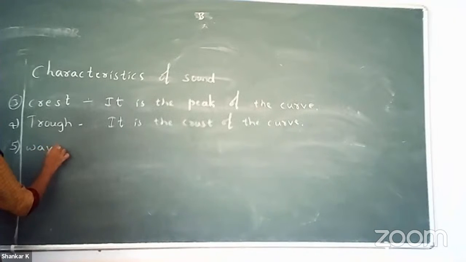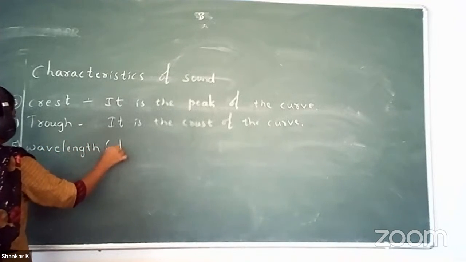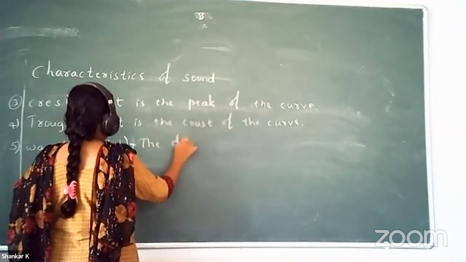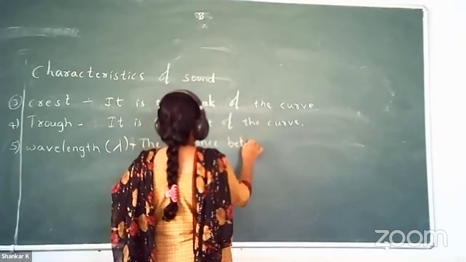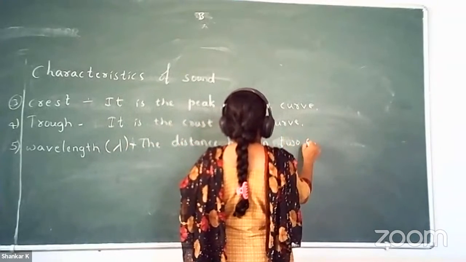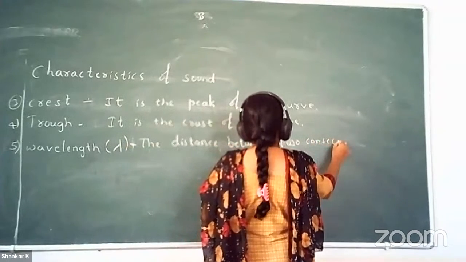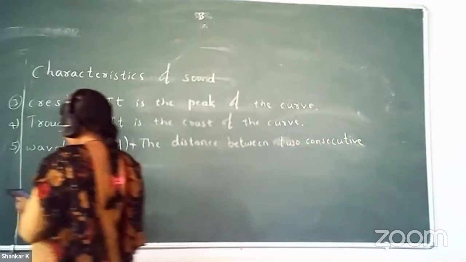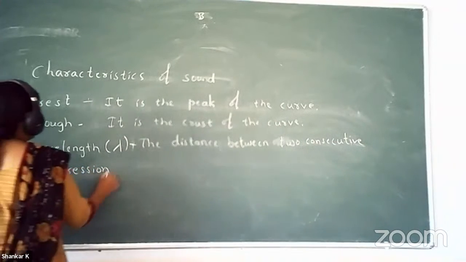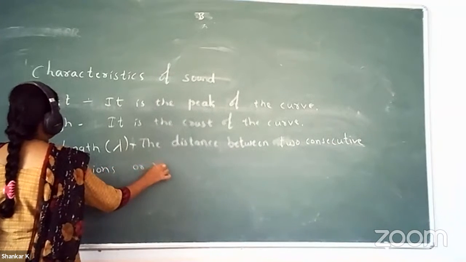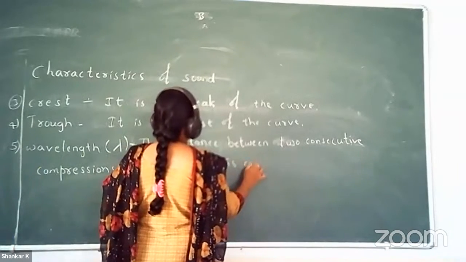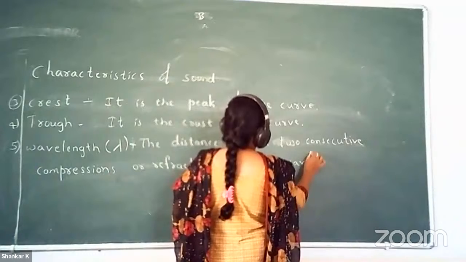Wavelength, lambda. The distance between two consecutive compressions, or rarefactions, crest to crest, is called wavelength.